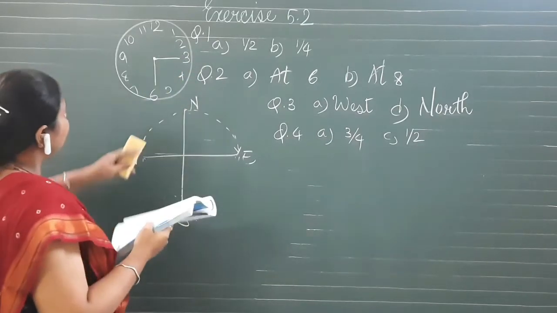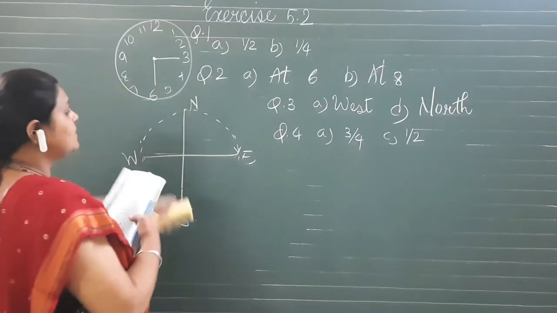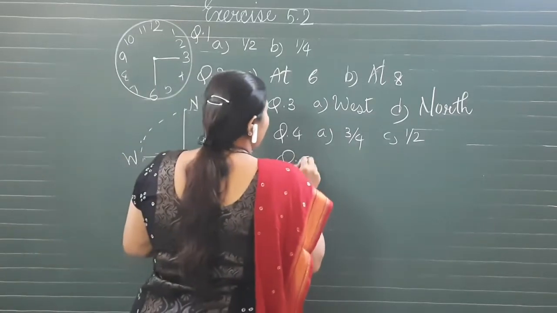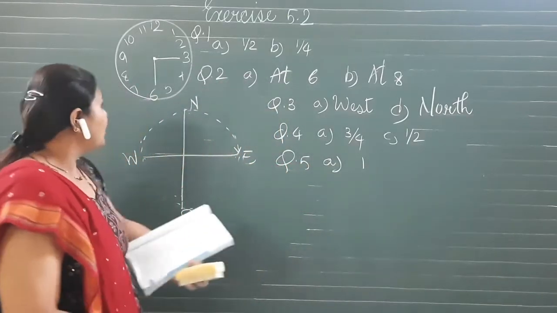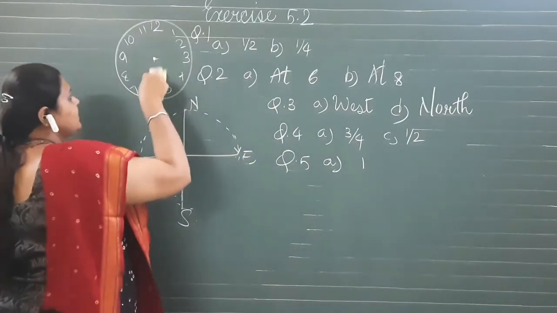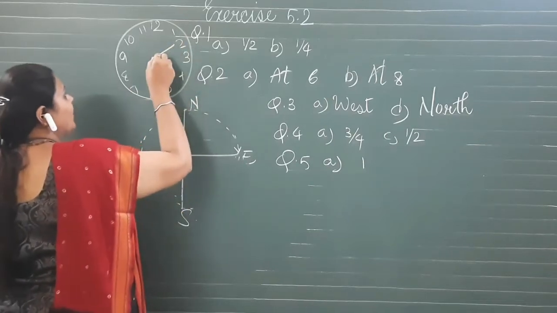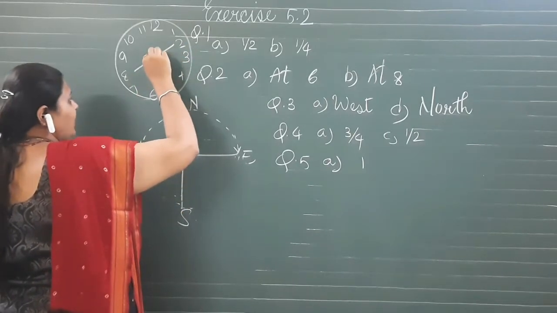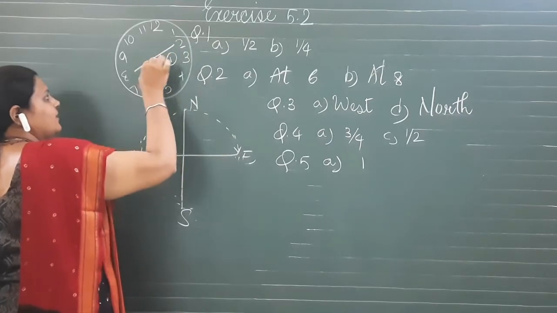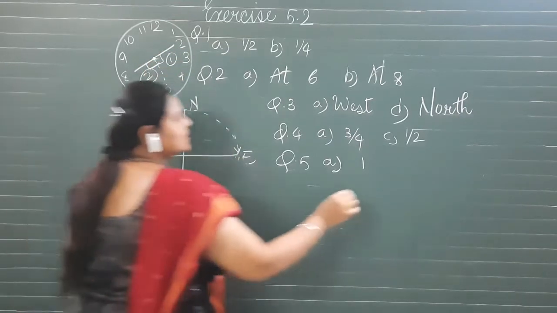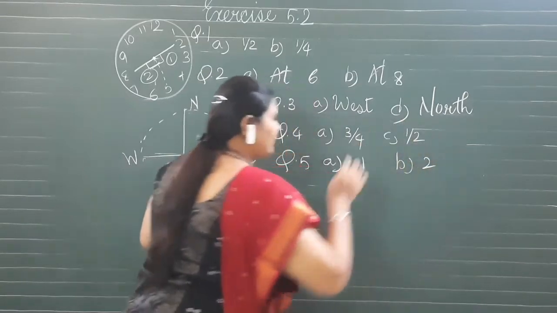So how many right angles? Only 1. So we can say 1 right angle. Second, 2 to 8. Okay, let us see 2 to 8. So here 1 right angle is formed and this is the second right angle. So 2 right angles can be formed.